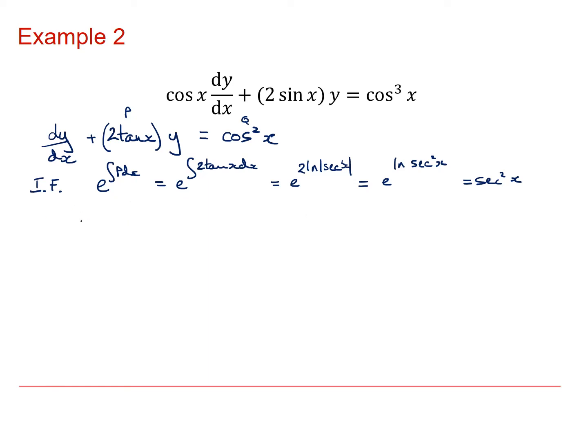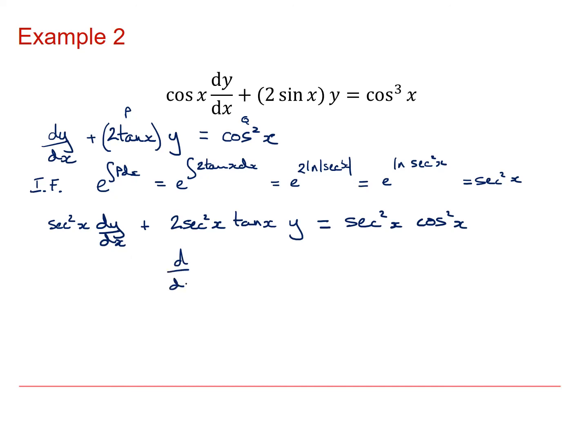So if I multiply through by my integrating factor sec squared x, I get sec squared x dy by dx plus 2 sec squared x tan x y is equal to sec squared x cos squared x. The left-hand side is a perfect derivative now.